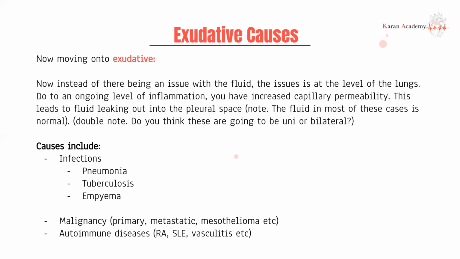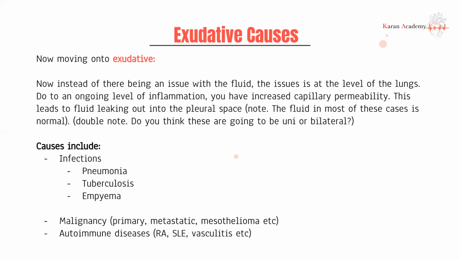Well, let's talk about the causes. So as I said, inflammation, so things like pneumonias, TBs, empyema, all infections would cause inflammation, and therefore increased capillary permeability. Most of these are going to be unilateral causes. Next, we have malignancies. Malignancies also cause a low level of inflammation. And these can be primary lung malignancies, mesotheliomas, or metastatic lung disease.